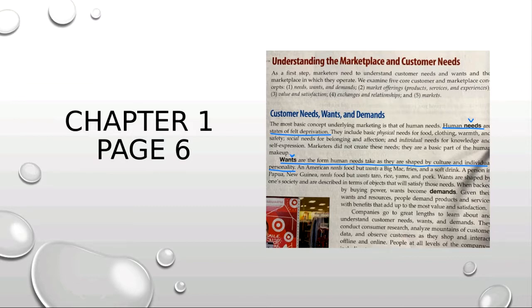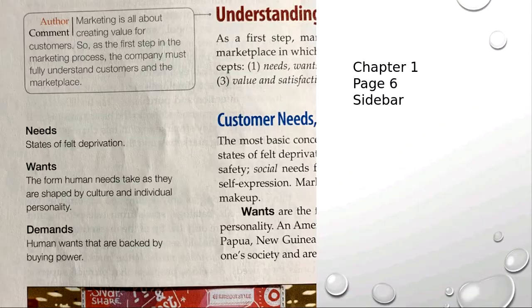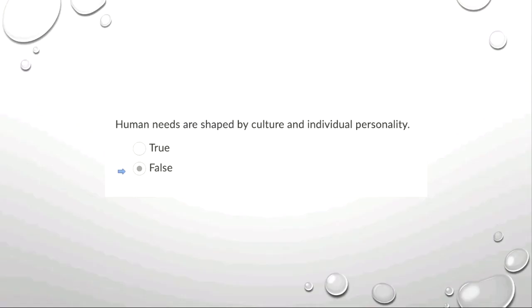So if we look at the sidebar for chapter 1, if you didn't even want to read all these words and learn, you see over here, needs and wants. Wants are the form human needs take, and they're shaped by culture and personality, not needs. And remember, the question is needs.